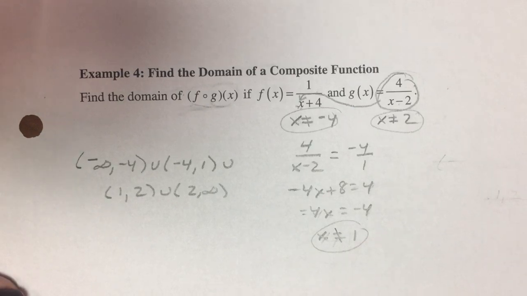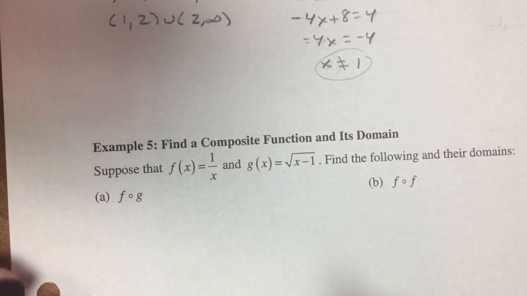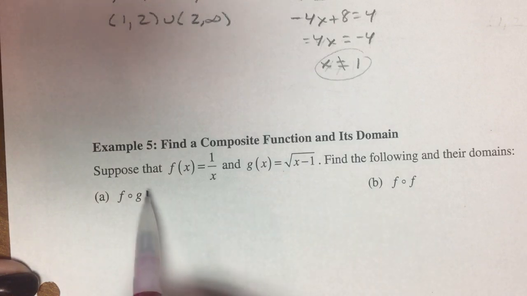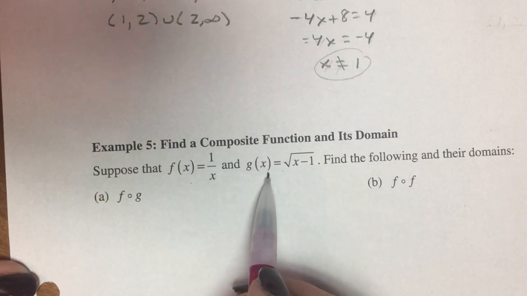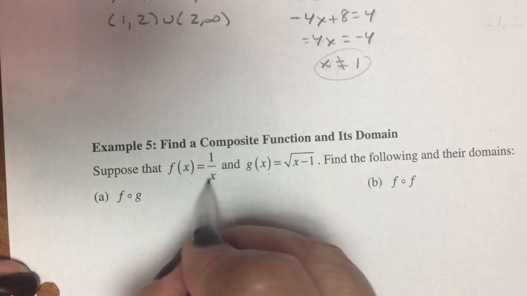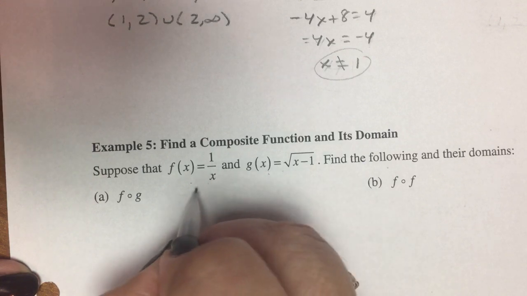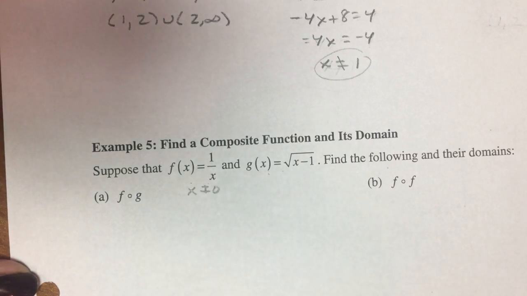All right, let's go down to example 5. Again, this time we're actually finding the composition functions, so we'll do that, and then we're also finding the domains. Well, let's talk about the domains of each of the individual ones first. This, your x cannot be 0.